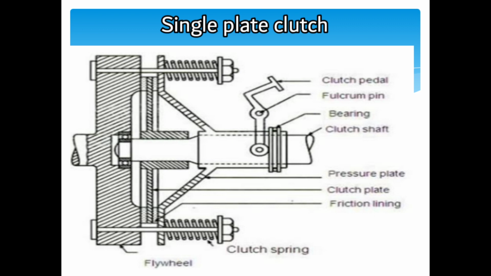Here we have a single plate clutch, as you have seen here, and it has various components. It has a clutch pedal, a fulcrum pin, bearings, a clutch shaft, a pressure plate, a clutch plate, friction lining, the clutch spring and a flywheel.